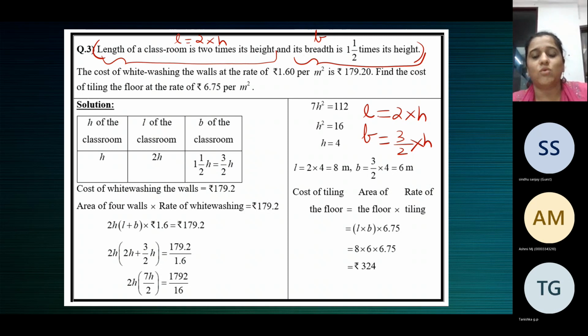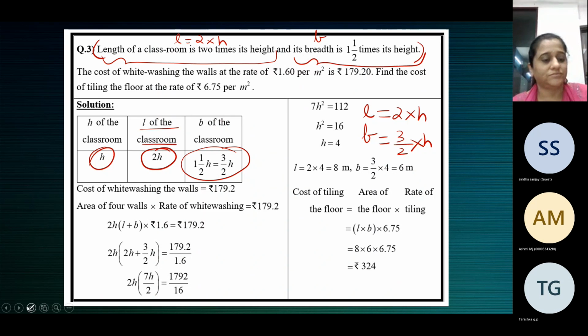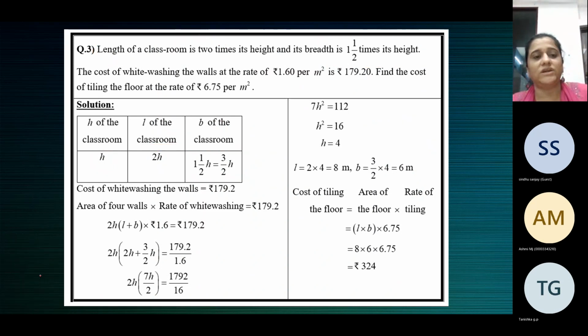So what is L? 2H. Length of the classroom is 2H. What is the breadth of the classroom? 3 by 2H. All of you understand this? And H is H only. Height of the classroom is H. Now we have found the length and breadth in terms of H. Just read as you read.